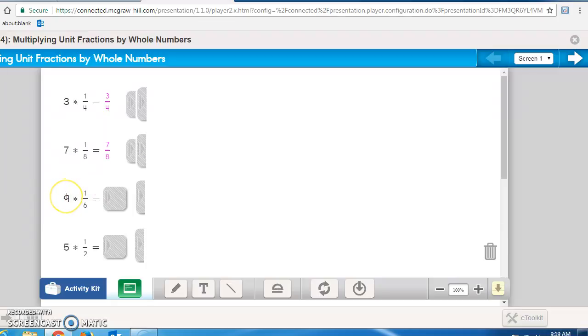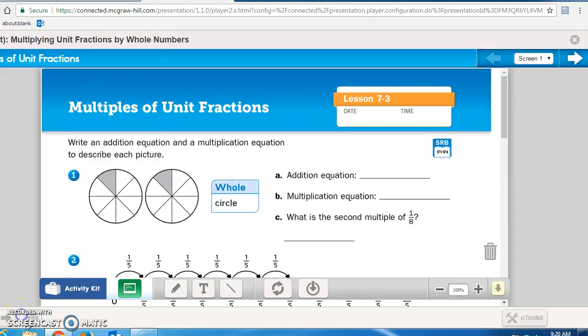I multiply the numerator. 9 times 1 is 9. My answer is 9/6. And 5 times 1/2. 2 is my denominator. 5 times 1 is 5. So when multiplying whole numbers by fractions, we take that whole number and multiply just the numerator, the top number.